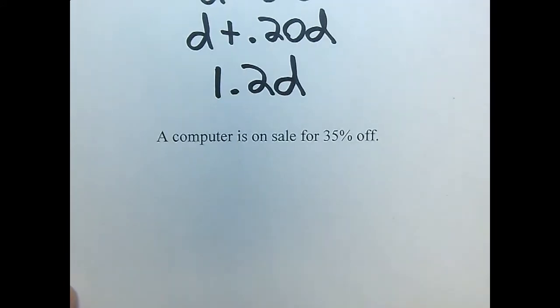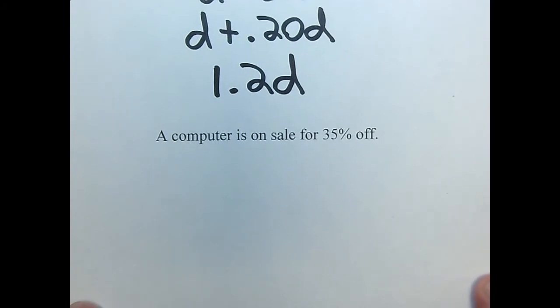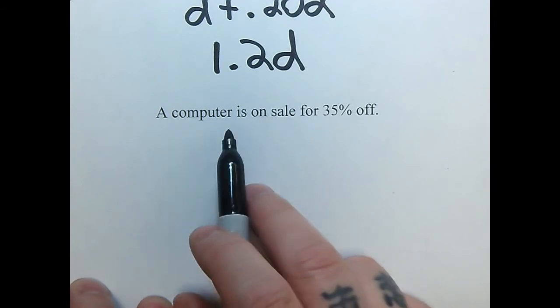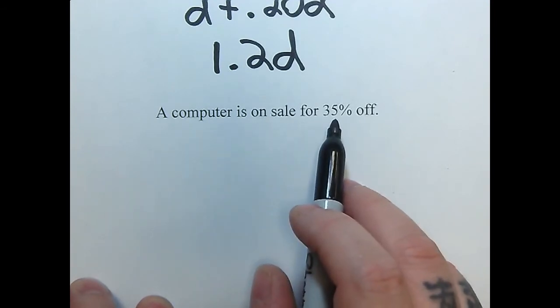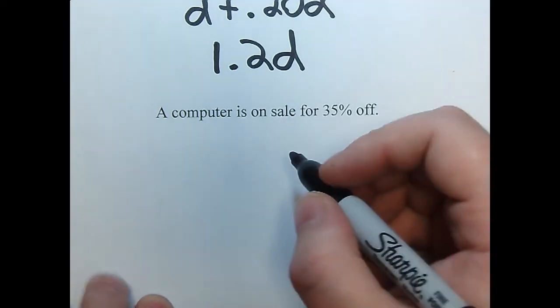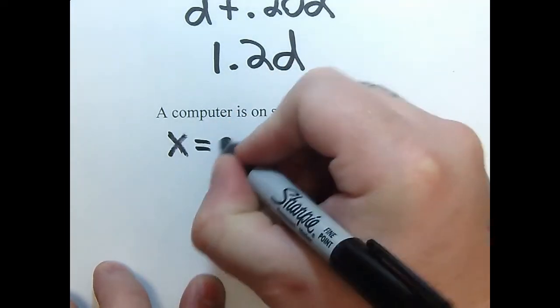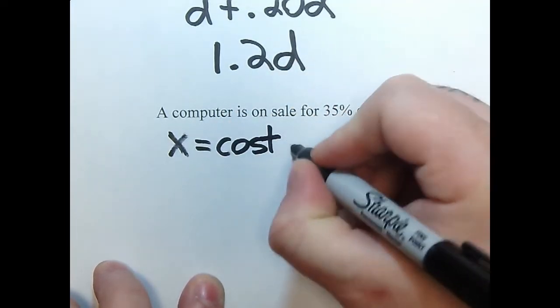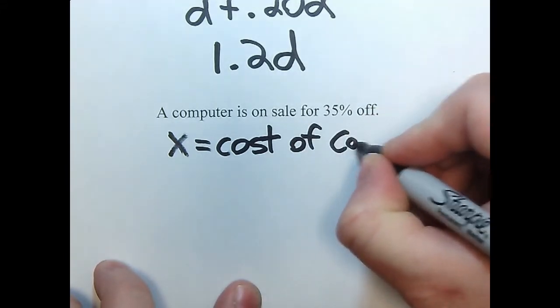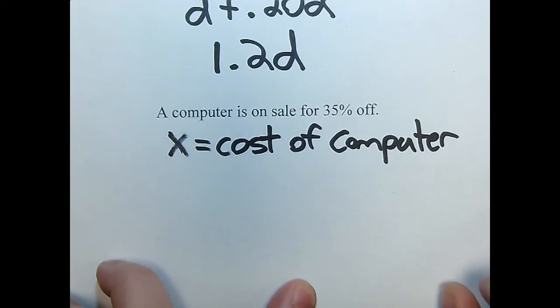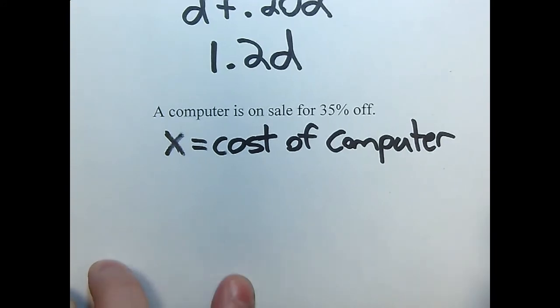Alright, and our last expression we're going to work with is this one. A computer is on sale for 35% off. So we're going to let X represent our cost of the computer. Okay, so X is the cost of the computer, and we are going to take 35% off.